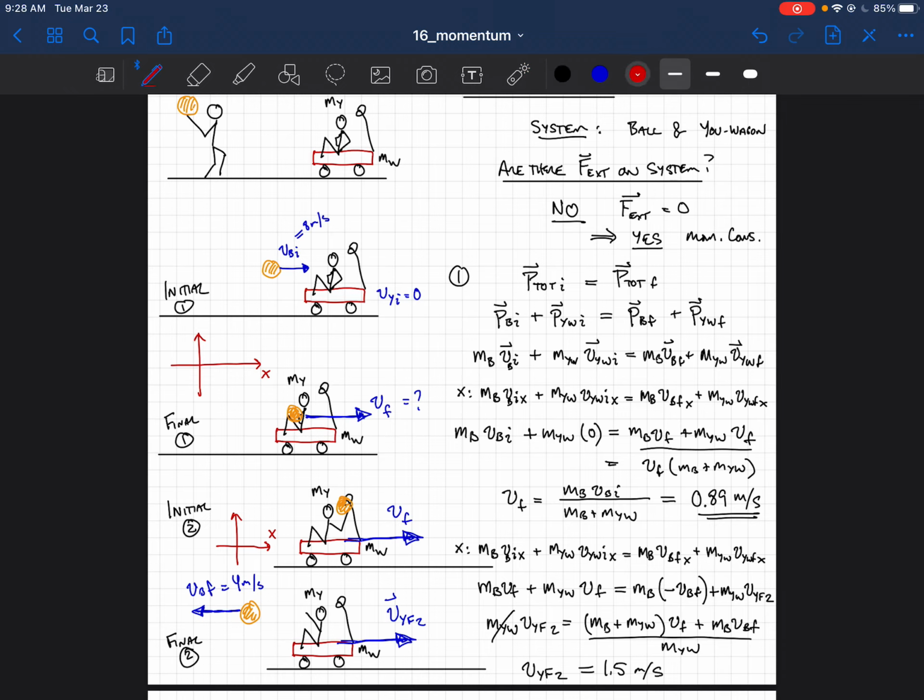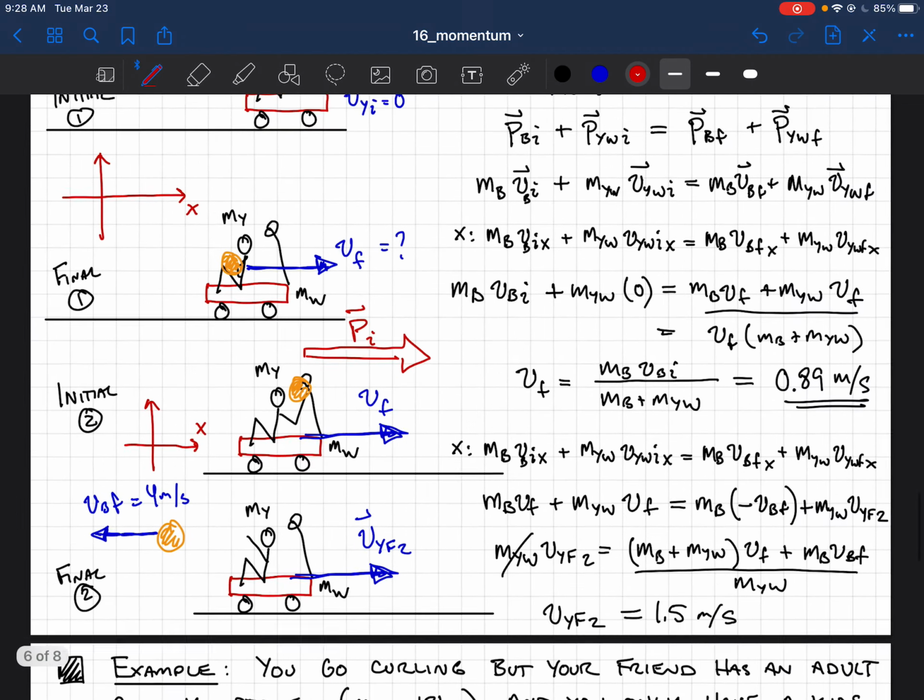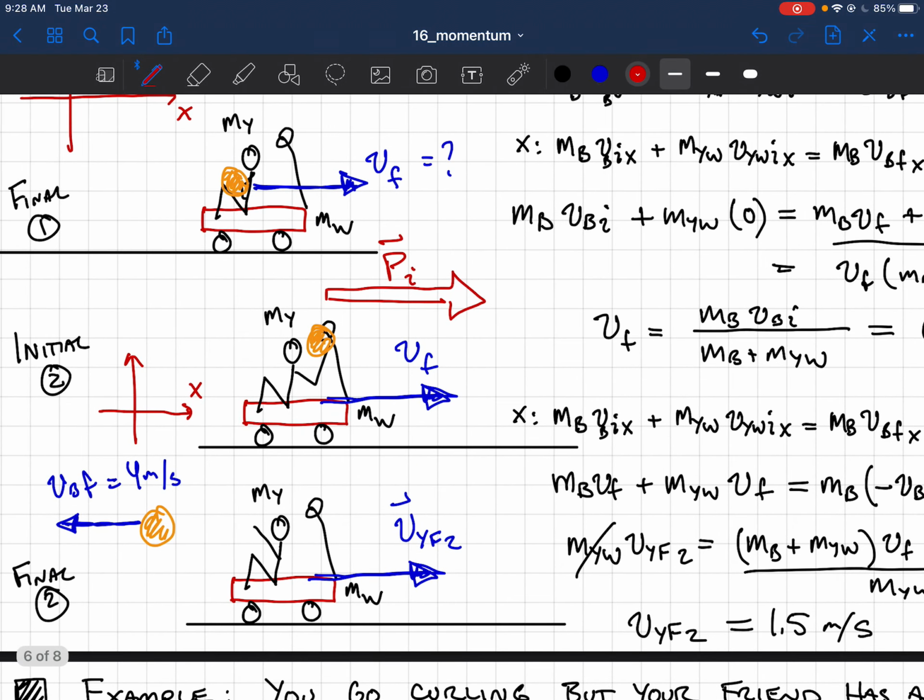The idea is, maybe I'll draw it in red. So there's some p initial vector here. There's a p initial vector for the second case. And we know what conservation of momentum tells us is that the p final vector must be exactly the same. The p final vector is the p initial vector.